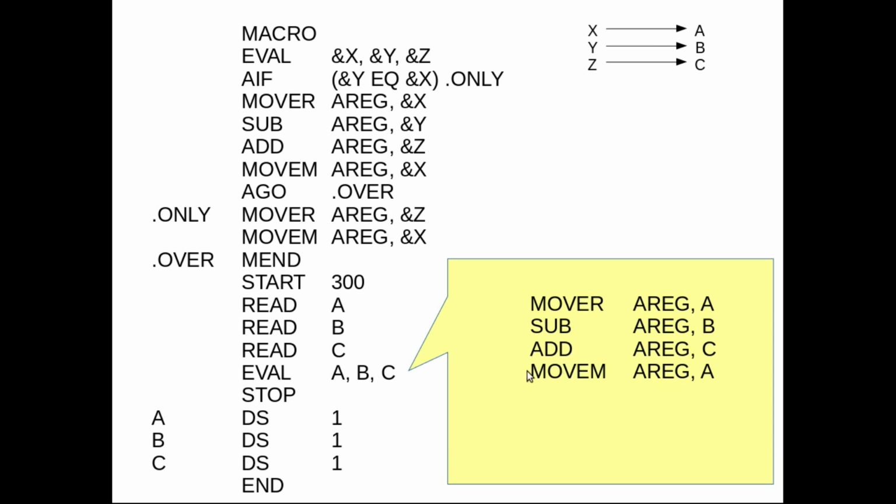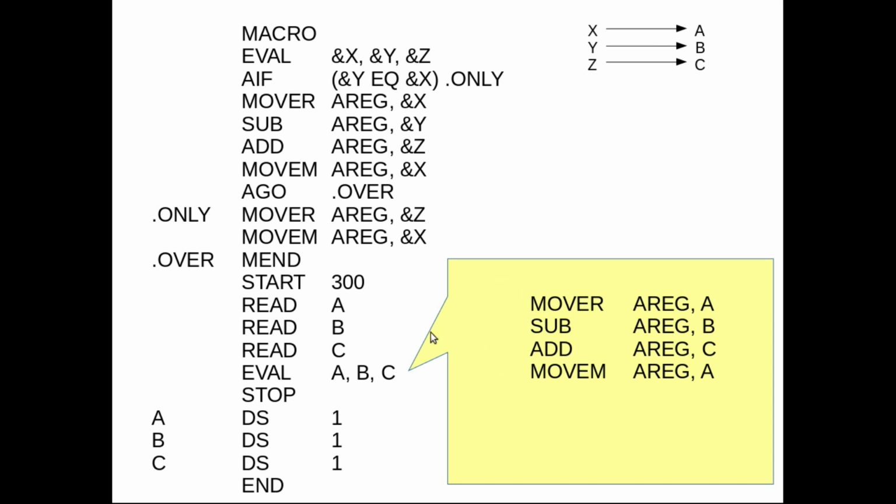So what did we see is that in the expanded code, your if statement or the go statement, they will not appear in the expanded code. Even the sequencing symbols, they will not appear in the expanded code. So these are present in the macro only to help the macro preprocessor at the time of macro expansion.